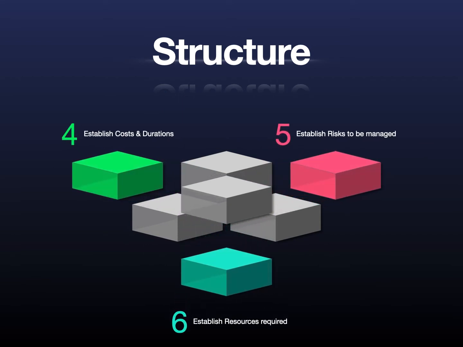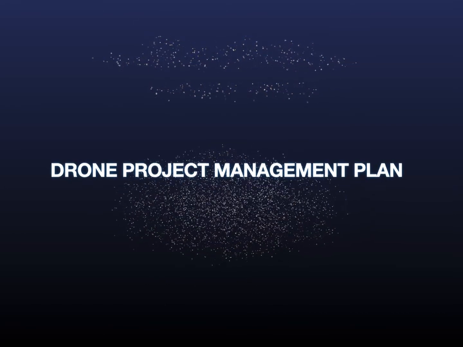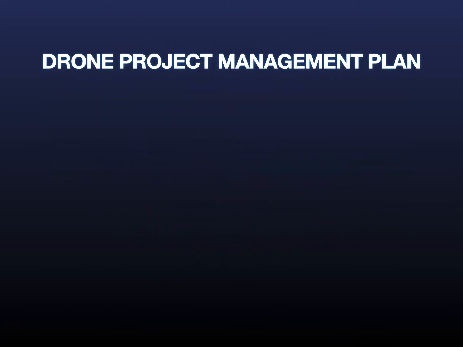We must also establish costs and durations, the risks to be managed, and the resources required for the project. All of these together are part of your drone project management plan.